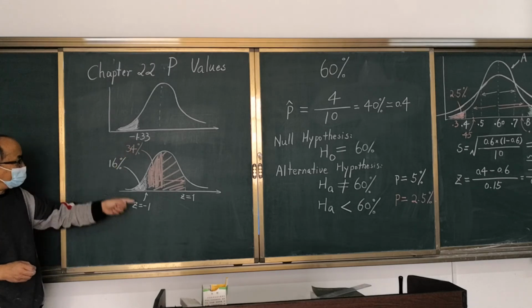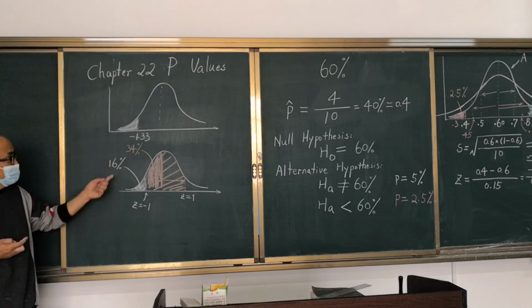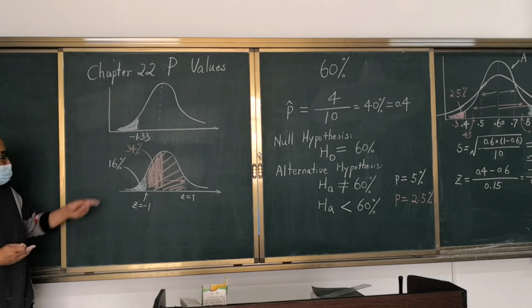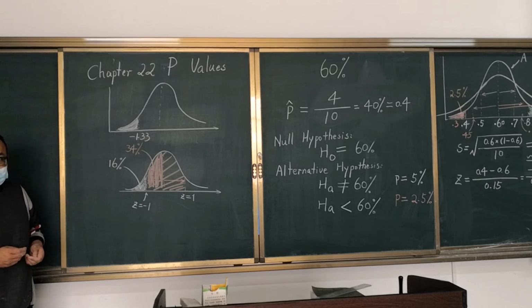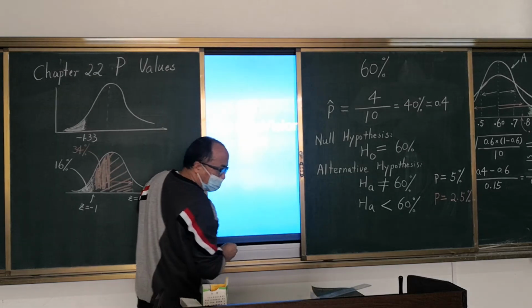Because this is not clear-cut like 1, 2, 3, but some kind of fraction, we need to look at the z-table.